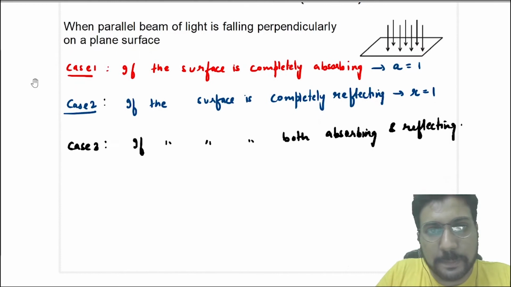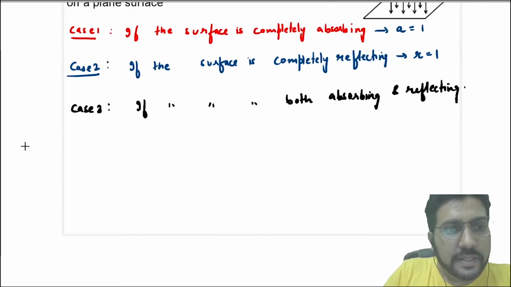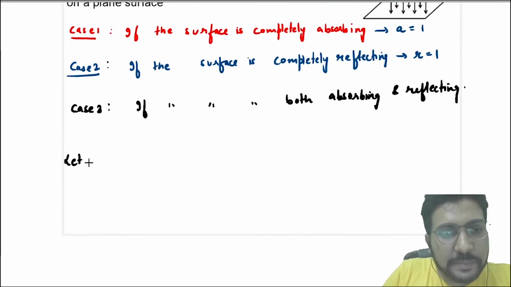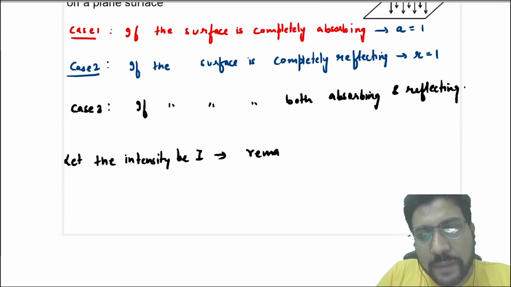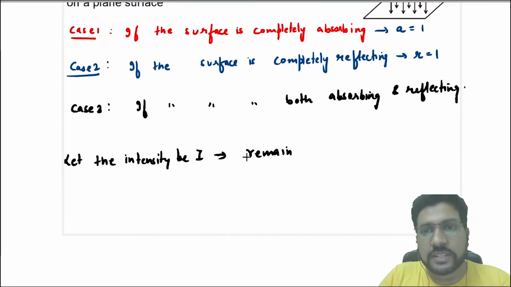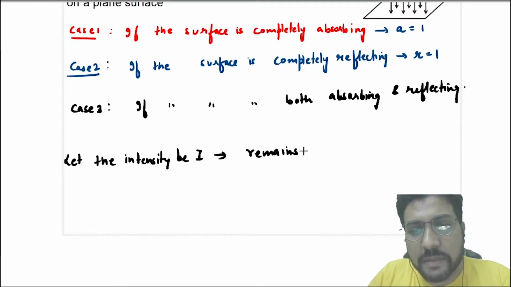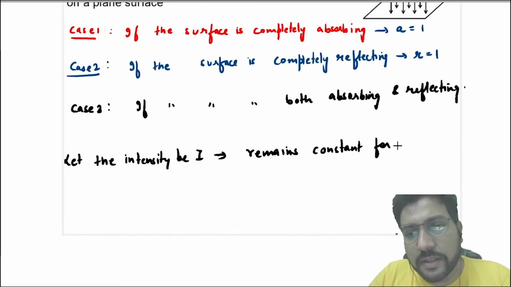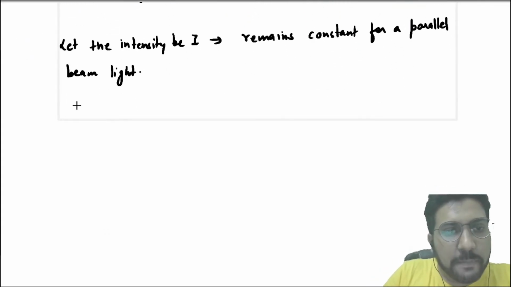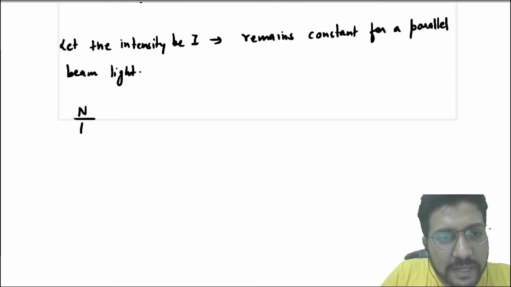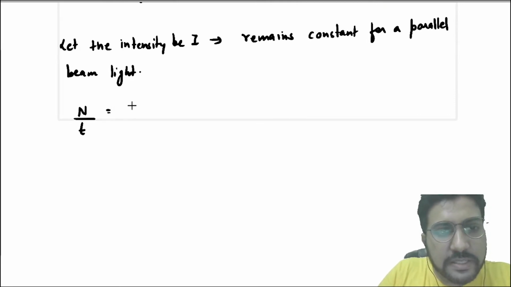Now see, first of all, let the intensity be I. Okay, and this intensity remains constant for a parallel beam of light because the area of cross section is constant. So the number of photons striking the metal plate per unit time is equal to the intensity multiplied by the area.